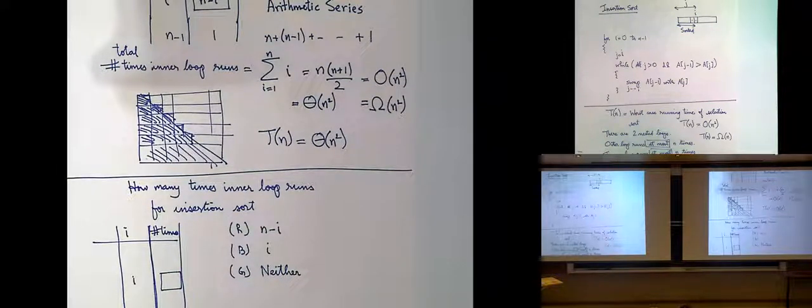Think carefully. How many times does the inner loop run for insertion sort? Is it n minus i, or is it neither of these? So I'll pause and I'll let you think about it. Remember, here's the code.